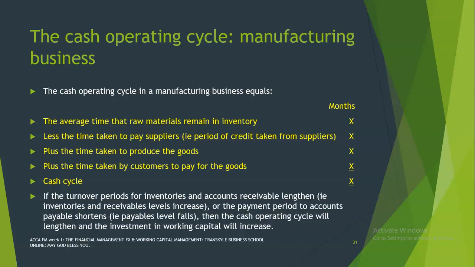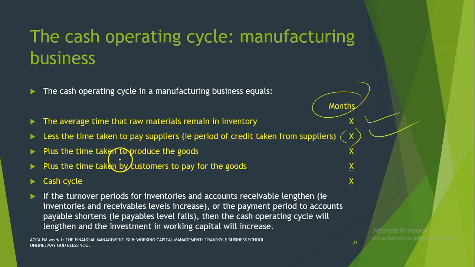The cash operating cycle for a manufacturing business, let's say we are looking at this cycle in terms of months, equals the average time that raw materials remain in inventory, less the time taken to pay suppliers, the period of credit taken from suppliers. Usually this one is negative.